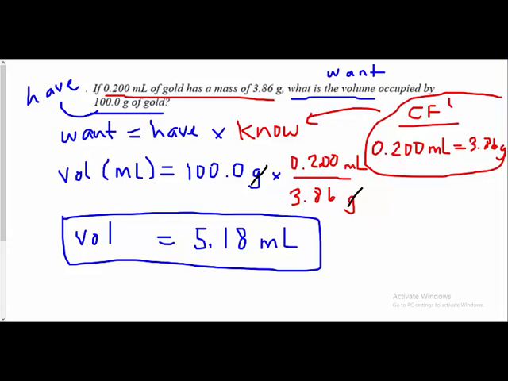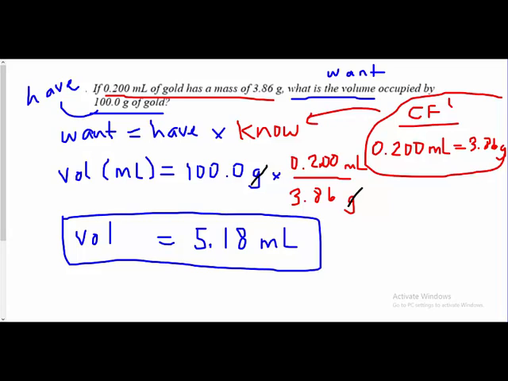As we get into some more complicated calculations in this unit and in later units as well, this process, what I want equals what I have times what I know, is one that we encourage you to use. It helps you set your calculations up in a way that is good practice, but also it allows you to keep track of your units as you're doing your calculation, and it guides you because the way you put your conversion factor in allows you to look and see which units you're canceling.